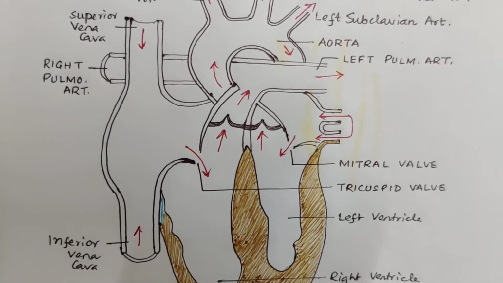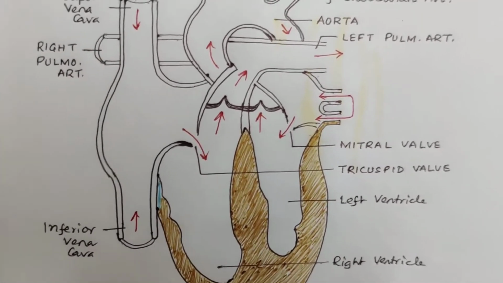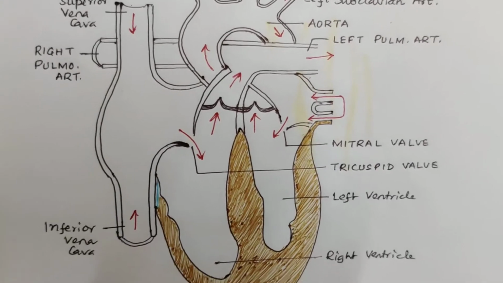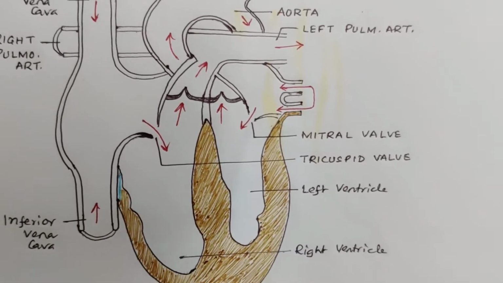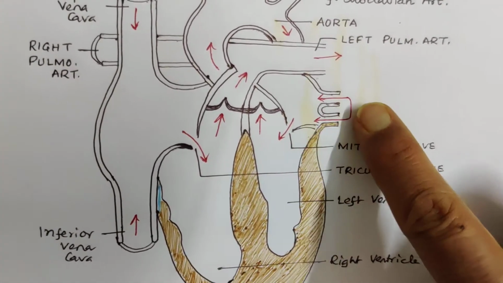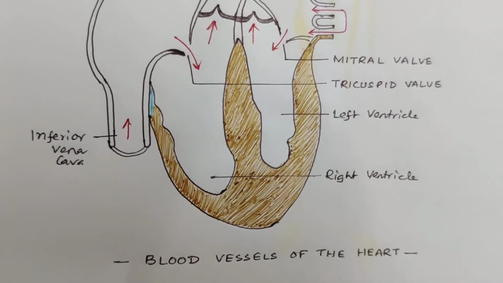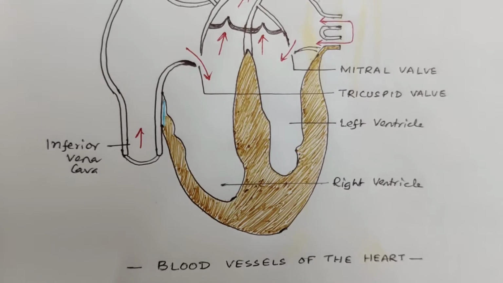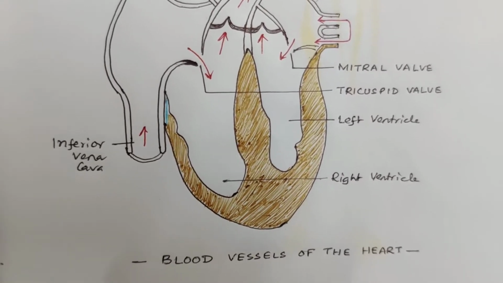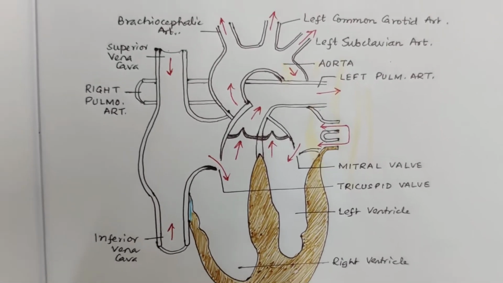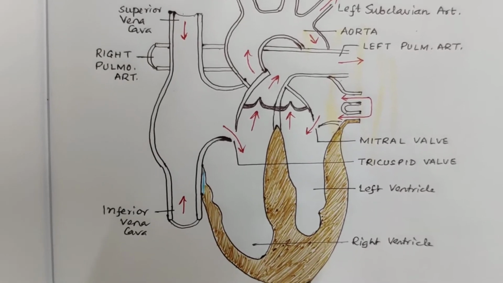We have left pulmonary artery, then pulmonary veins over here. These are the pulmonary veins, this part, this one over here. You can see the valves, tricuspid and mitral valve. So this is all about heart.